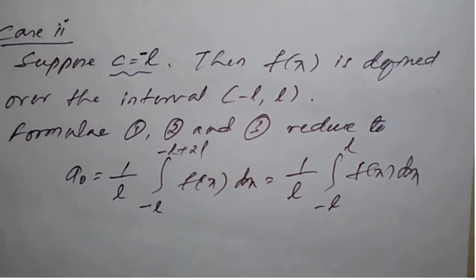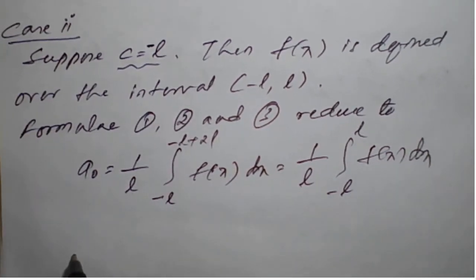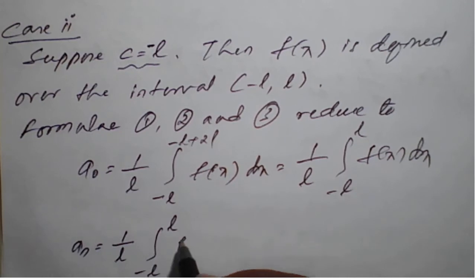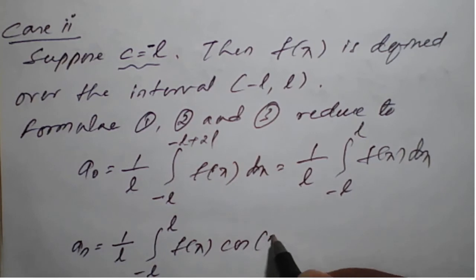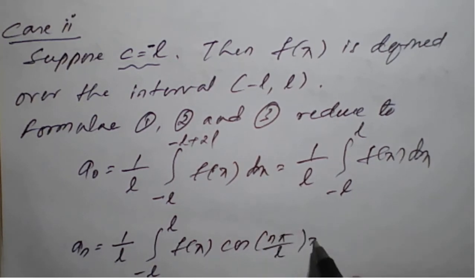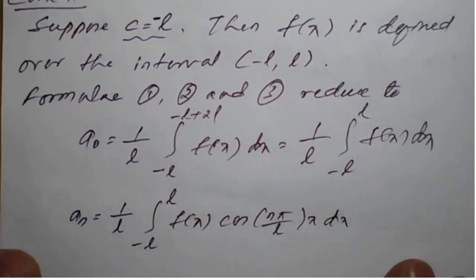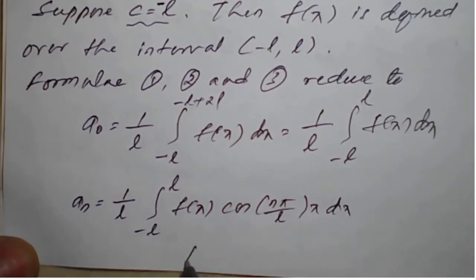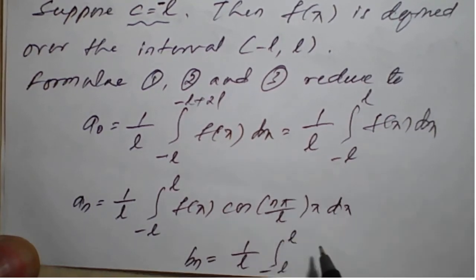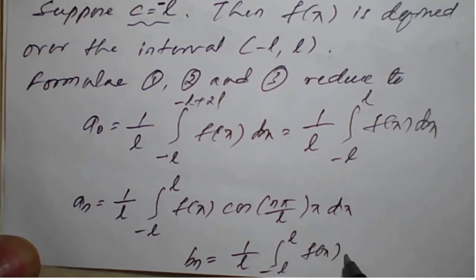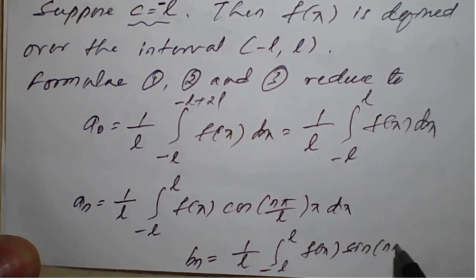Similarly, I want to write the result for an also. So an will become 1 upon L integration minus L to plus L f of x into cos of n pi x upon L dx, and the bn value will be 1 upon L integration minus L to plus L f of x into sine of n pi x upon L dx.